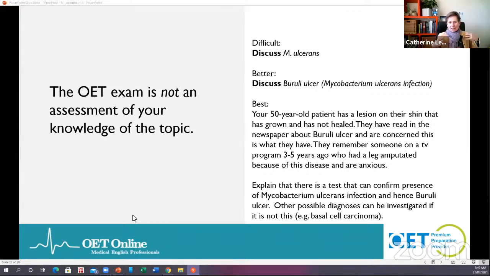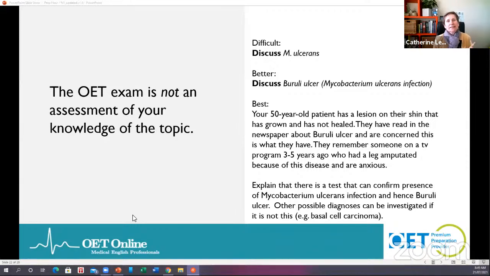So just by way of reassuring you, I don't want you to be worried about getting into the exam room and having a medical condition that you don't know anything about. Yes, it's difficult if your exam is like this: discuss M. ulcerans.